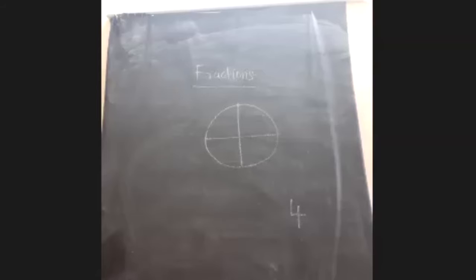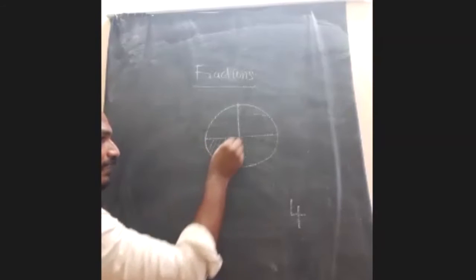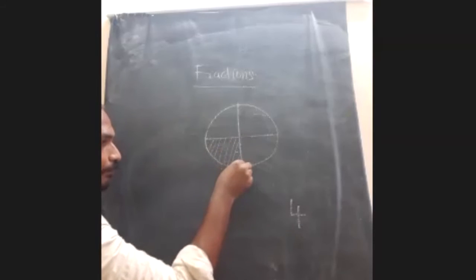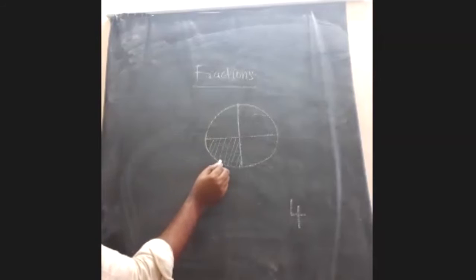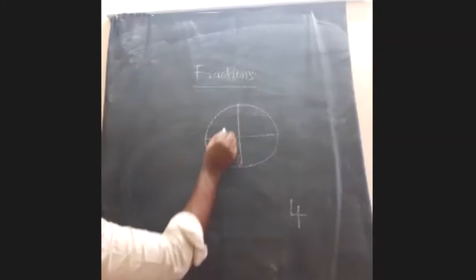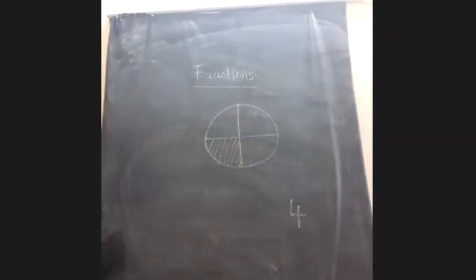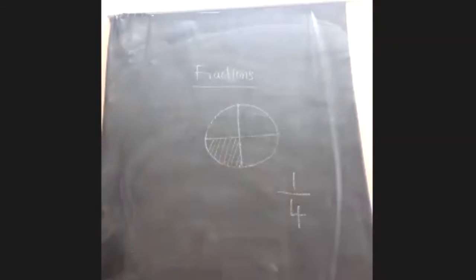Out of that, I'm just going to shade this particular part. Now, my question is very simple. What is the portion shaded here in fraction form? Out of 4 separate parts, 1 part is shaded. So my fraction is 1 by 4.